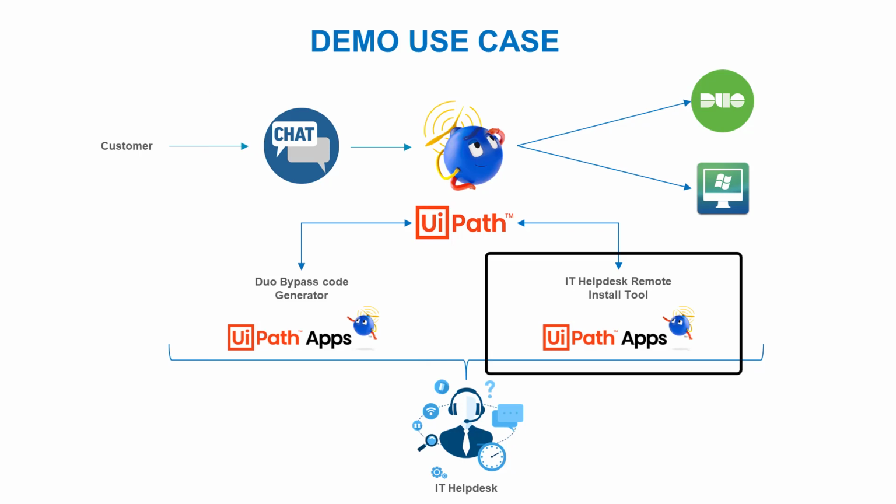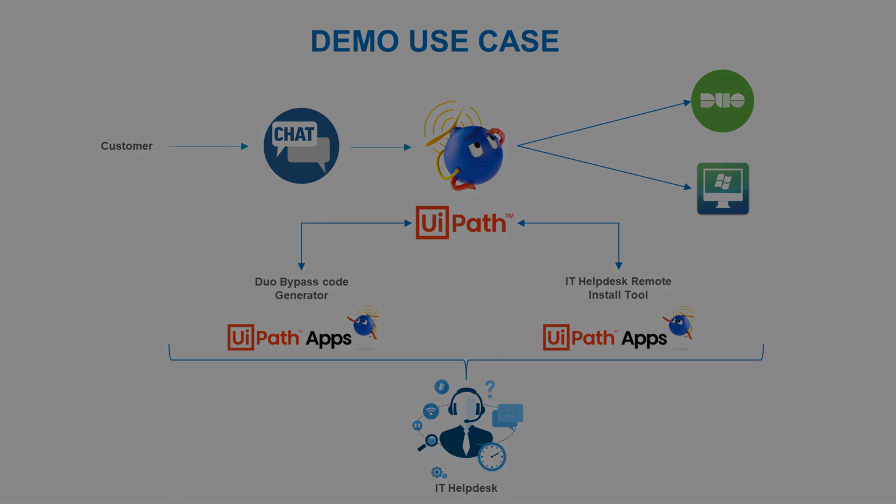The second one shows a robot that will install an application on the remote workstation. The technician will use UiPath Apps to select which application will be installed and to input the remote workstation address. So let's see the demo in action.